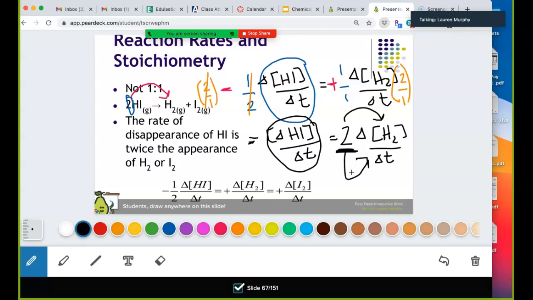Double. The rate of HI would be 8 and the rate of H2 would be 4. That's all this is saying. And now this would be the same if we did HI to I2, only because the ratio between HI and I2 is identical to the one we just did. So you lose HI twice as fast as you make either of the products. And again, this is based on stoichiometry right now.